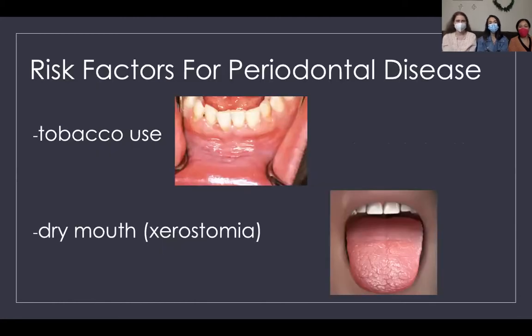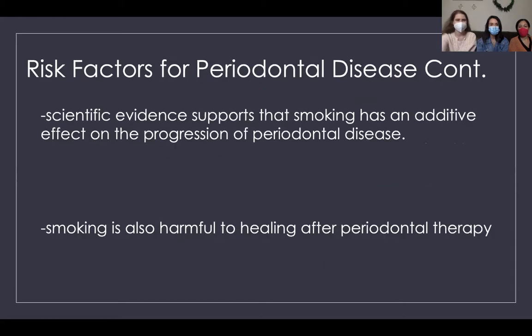Now we're going to look at some risk factors for periodontal disease. And the first one is tobacco use, and the other one would be dry mouth, also known as xerostomia. So scientific evidence supports that smoking has an additive effect on the progression of periodontal disease. Smoking is also harmful to healing after periodontal therapy.